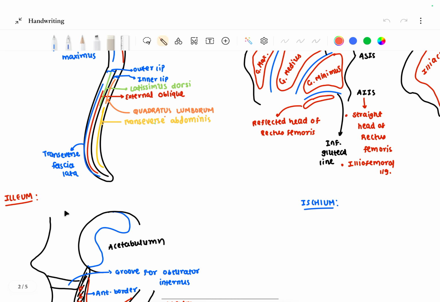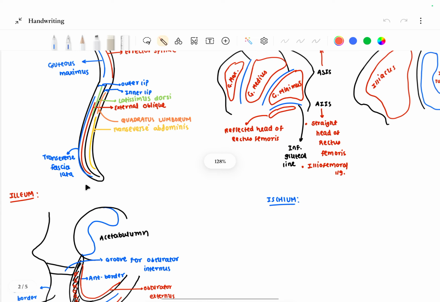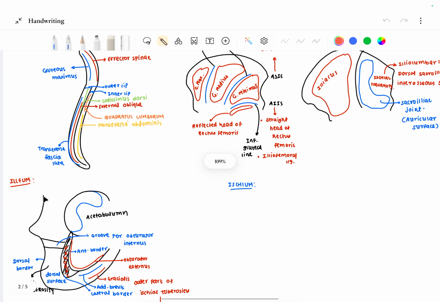I will make it small. Now see, like this. This is your posterior superior iliac spine, and this is your ischial tuberosity.